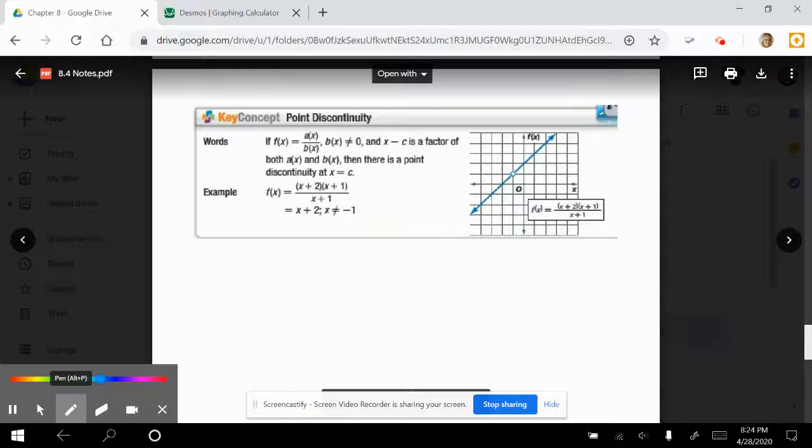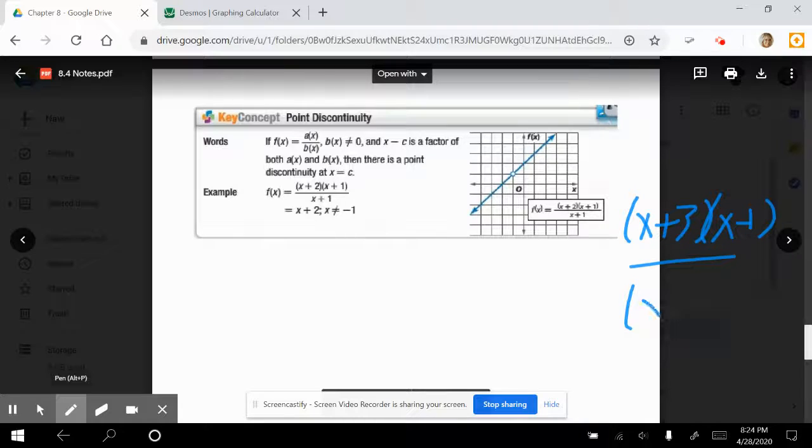For example, if we have (x plus 3)(x minus 1) all over x minus 1, we still said we wouldn't want x to equal 1, because if we did in the original problem, even when they canceled out, you would get a 0 on the bottom. That had a special name called point discontinuity. So even when you can take a factor out, the bottom still cannot be 0, right?